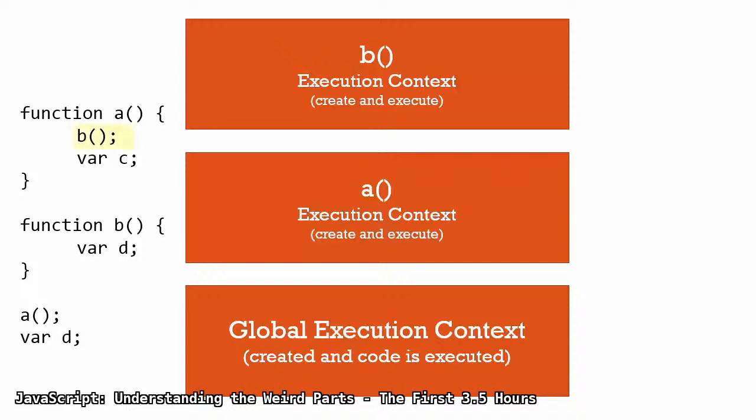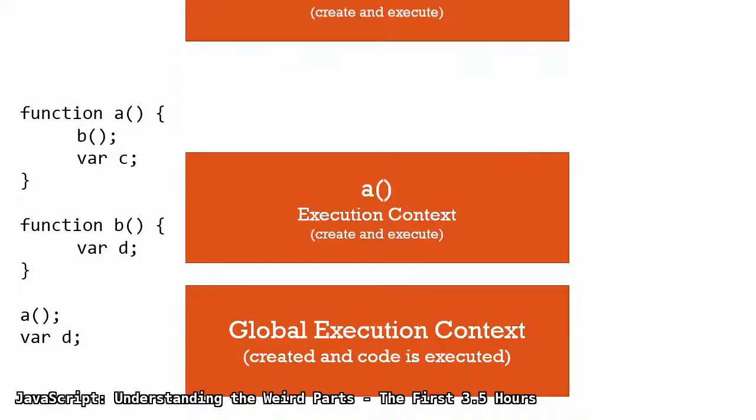It hits that line where it invokes B. B creates a new execution context, so that becomes the top of the stack. And so it is running line by line. And it runs its single line of code there, and only when it finishes will we go back to finishing A. Why? Because when the function finishes, the execution context is what's called popped off of the stack.